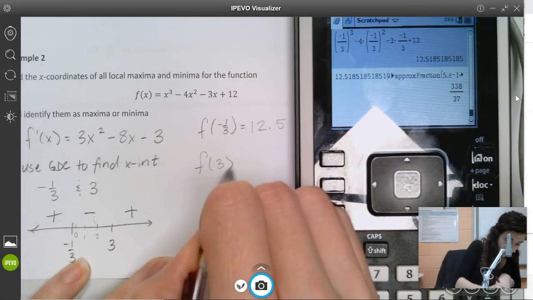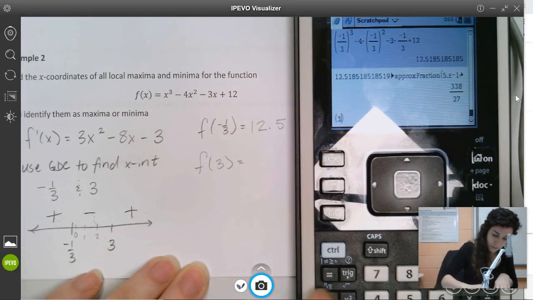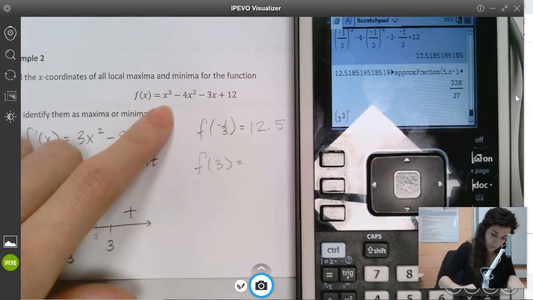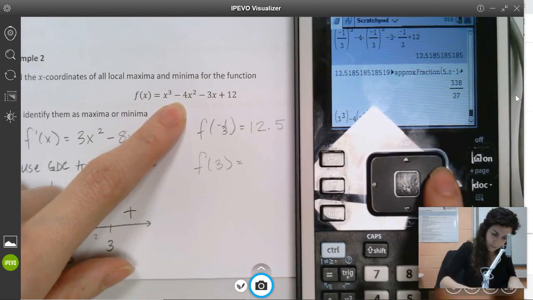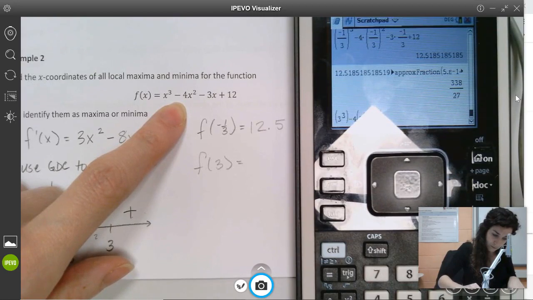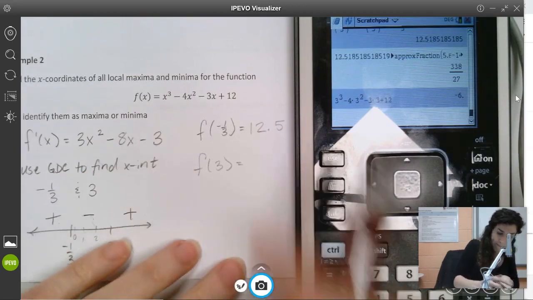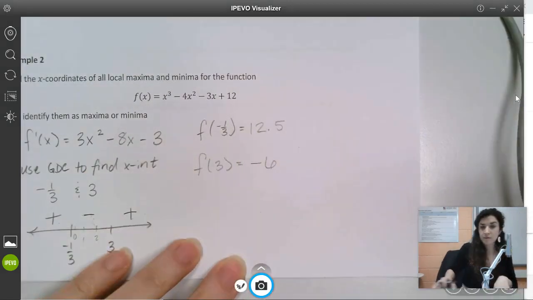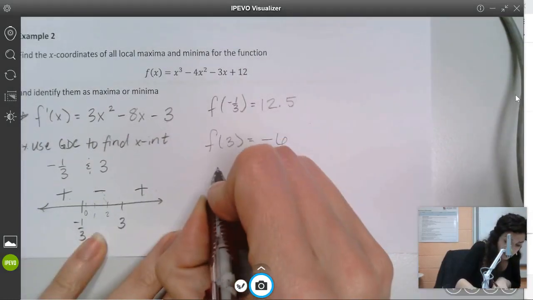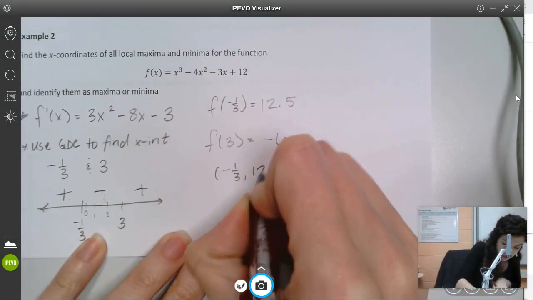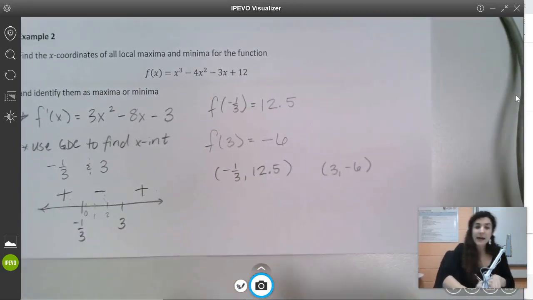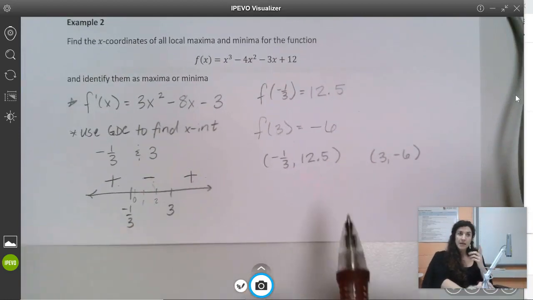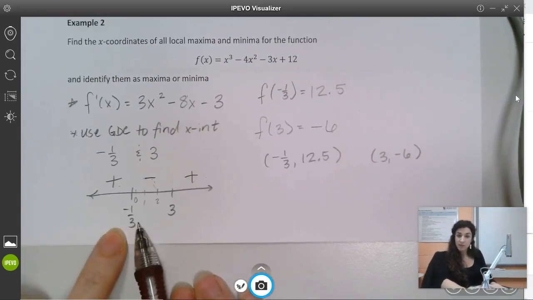F of 3, same thing. Coordinates. And then I just need to really quickly ask myself, is this a maximum or is it a minimum?